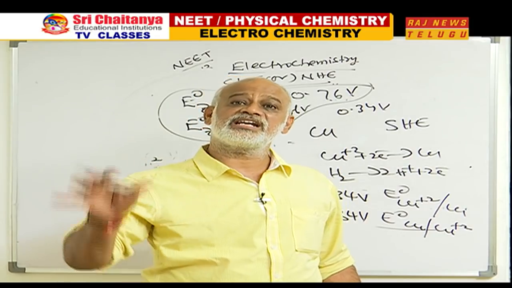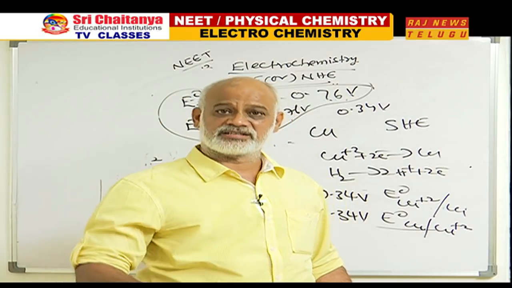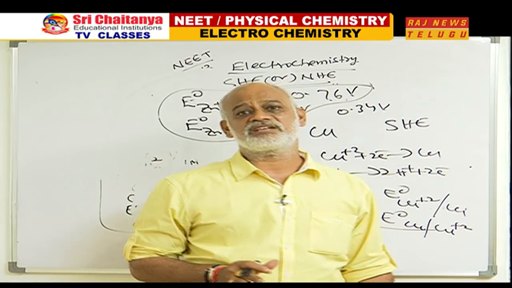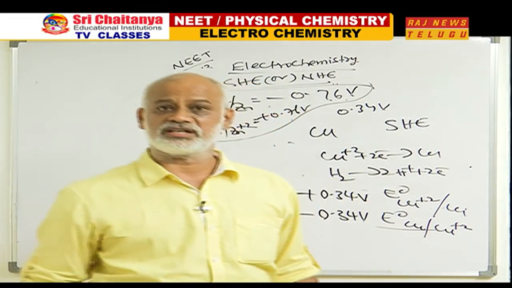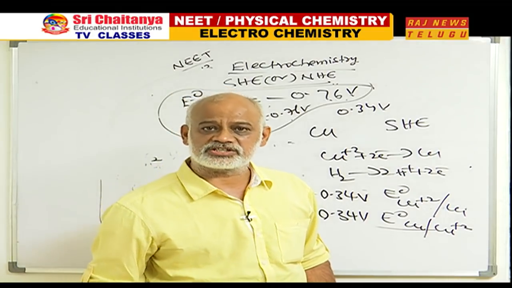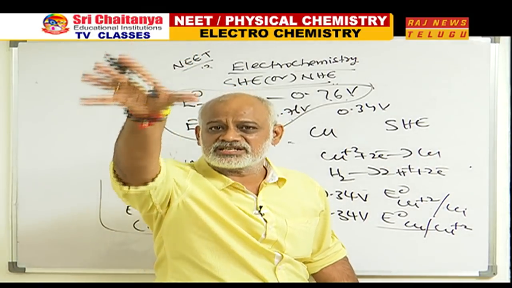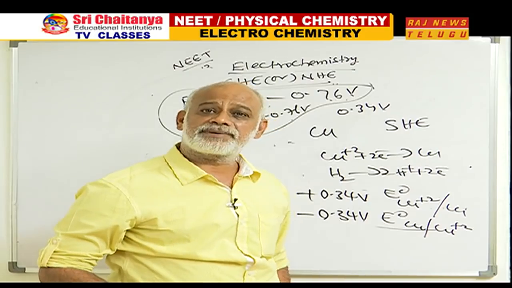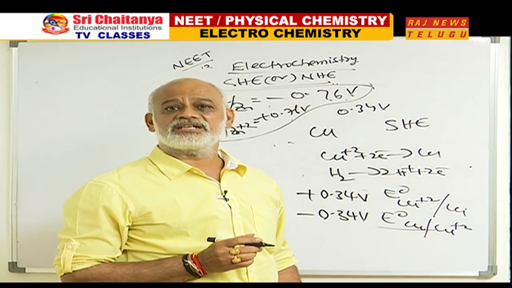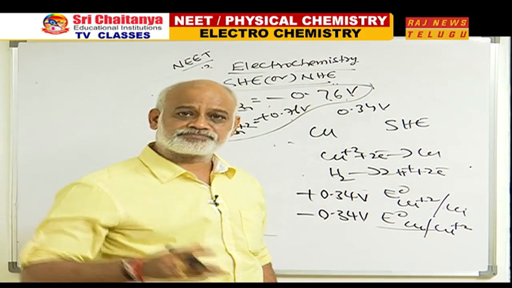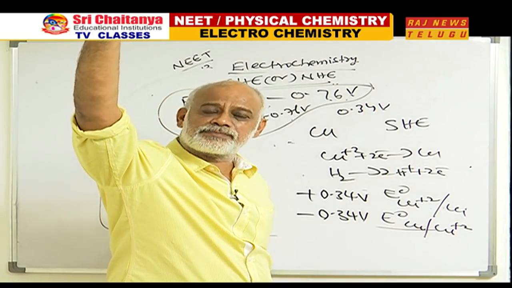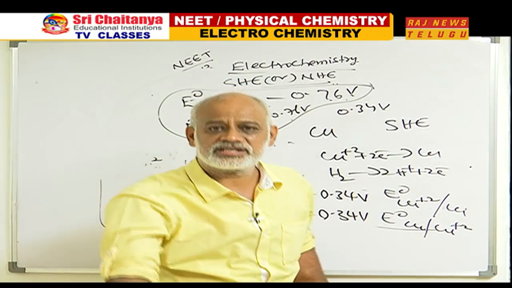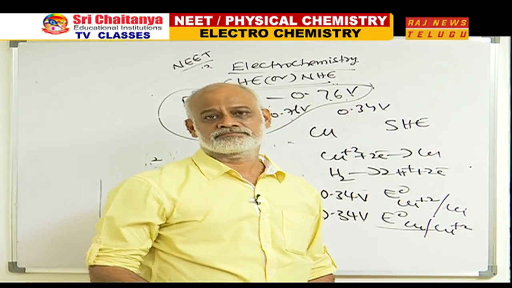Since we are very much interested in representing everything in terms of standard reduction potential, we will write a series. The series represents standard reduction potential. Old books have given least SRP on the top and highest SRP at the bottom.